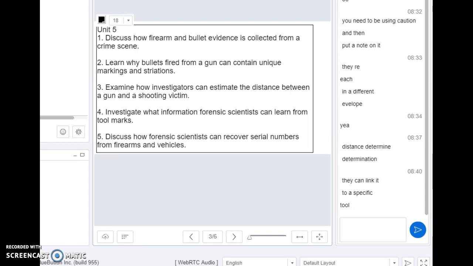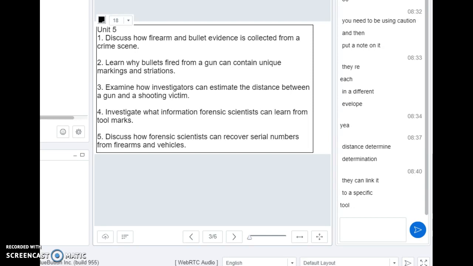All right. They also, if they have the gun itself, can look at the serial number on the gun. But what happens if somebody tampered with or tried to remove the serial number? Usually we've got some sort of steel plate that holds these numbers.